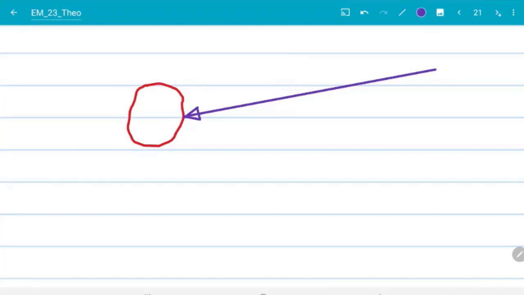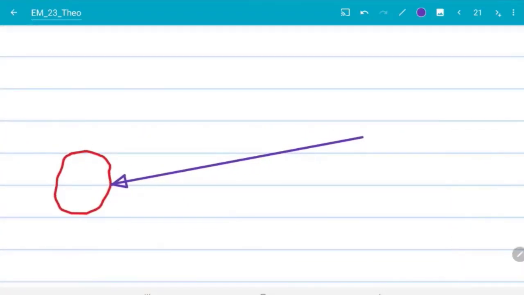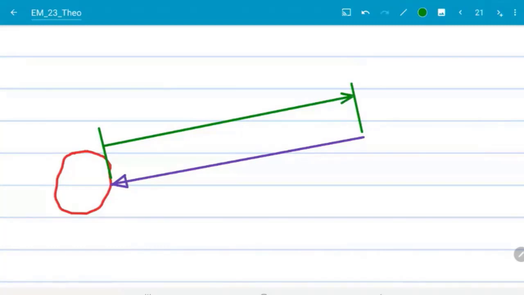The length of the arrow mark is nothing but magnitude.